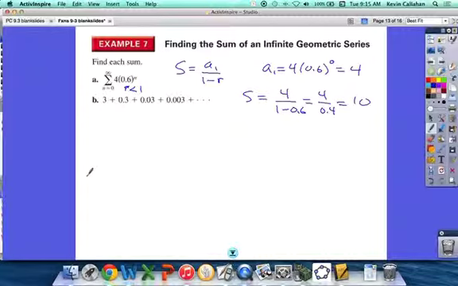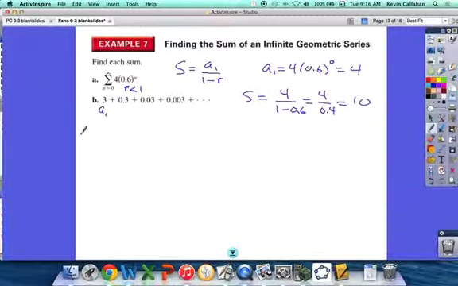Now, in this one, it's written out. The terms of the sequence that are being added up have been written out. It's infinite because of the dot, dot, dot at the end. So I need two things to feed this formula. I need the first term and I need the r. In this case, I got the first term, that's right here, A1. How do I find the r?